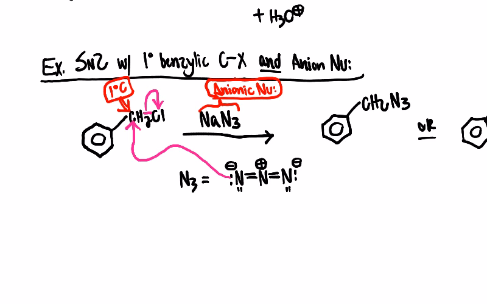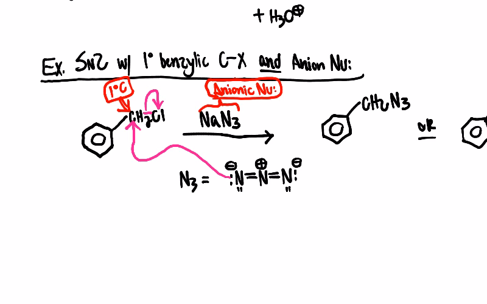This is going to be a more favorable thing than creation of the carbocation, because this is going to be the faster process to take place, for the nucleophile to come in at the same time the leaving group leaves. That's going to be faster than the process of breaking away the leaving group first to create a carbocation, which would be an SN1 mechanism instead. So SN2, if we have a benzylic carbon bonded to a leaving group and an anionic nucleophile attacking it.